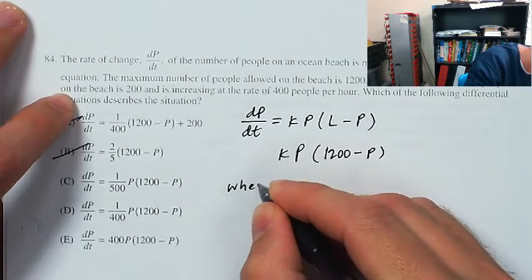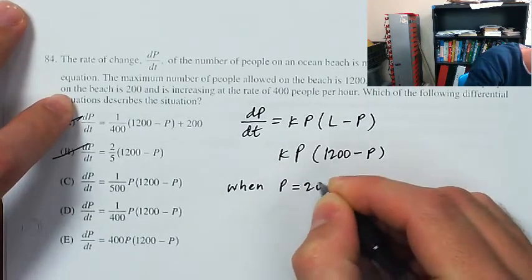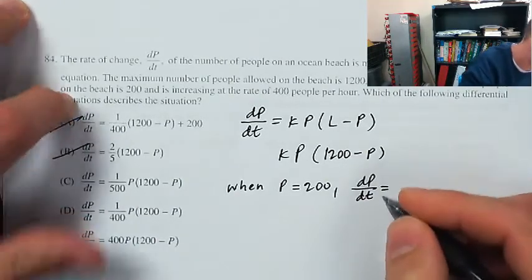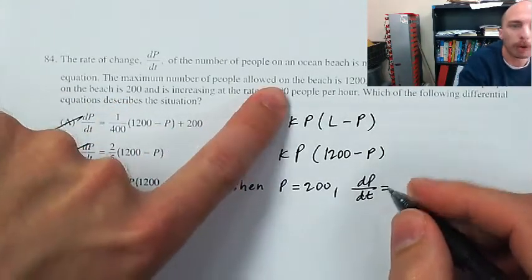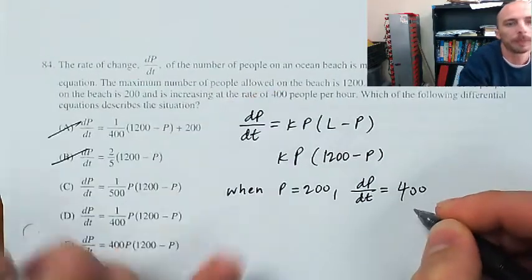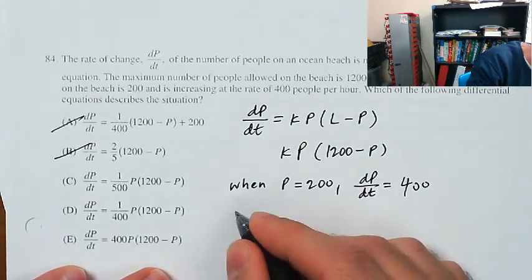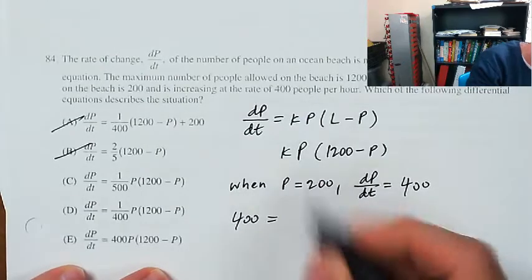Okay, so when P equals 200, the rate of change of P with respect to time is going to be 400. So now I'm basically going to say 400 is equal to 200k times 1,000, and I'm just trying to solve for k.